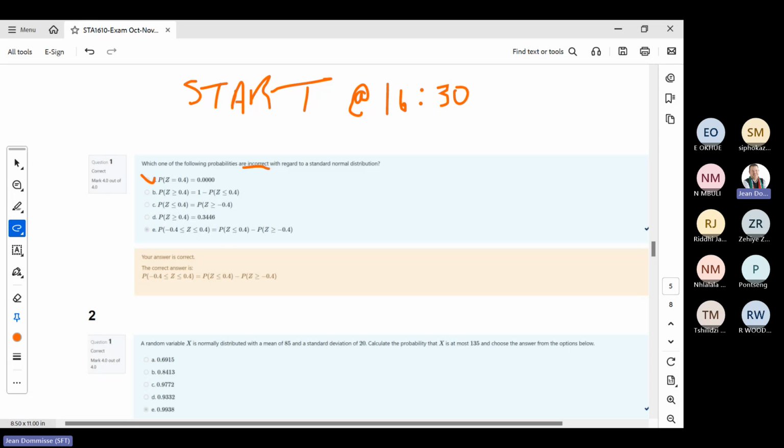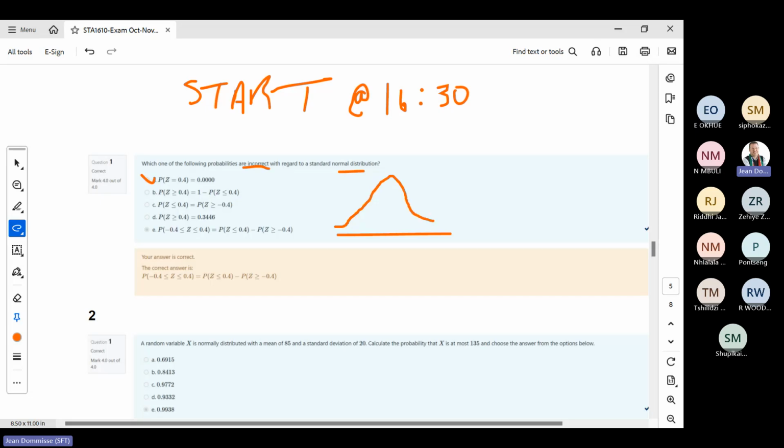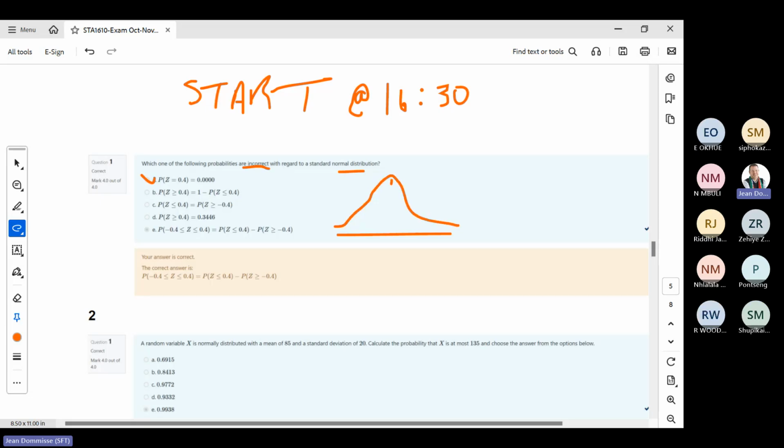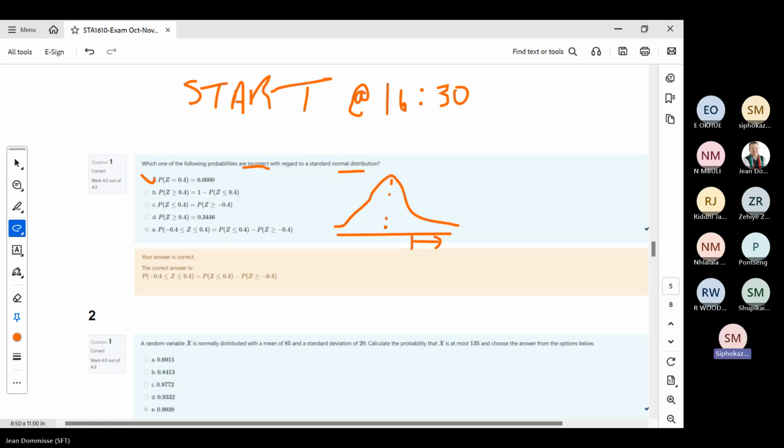In a normal distribution you can't have an exact probability for a point. We can go bigger or equal, smaller or equal, but there's no probability for an exact point in a normal distribution.